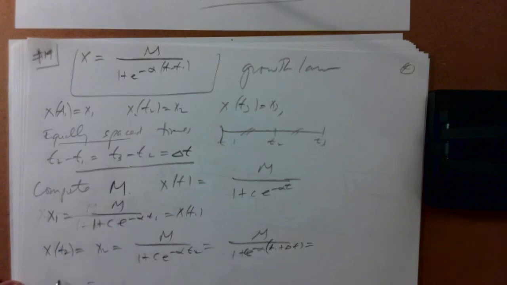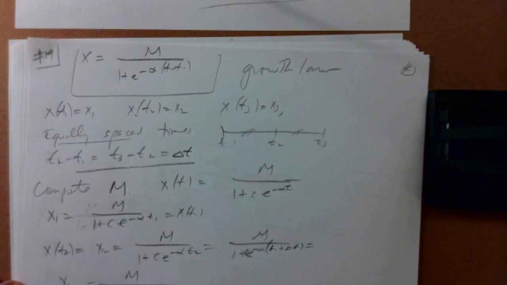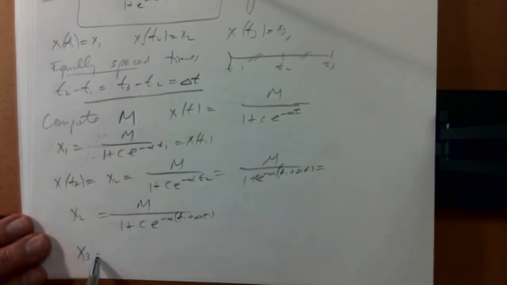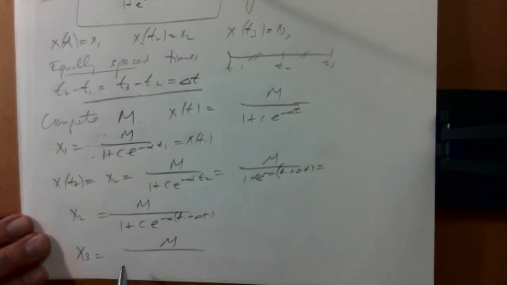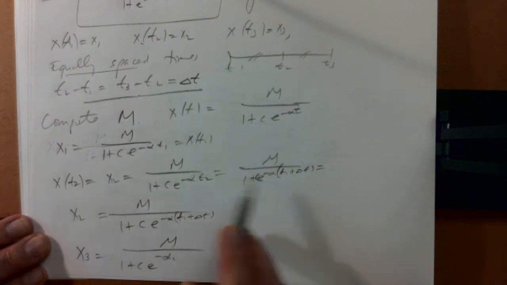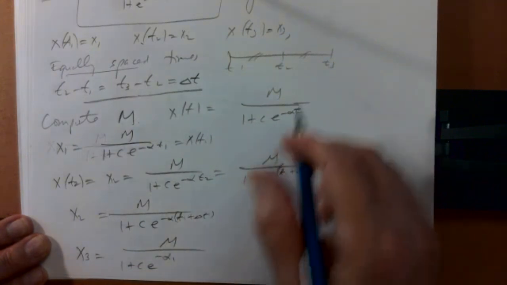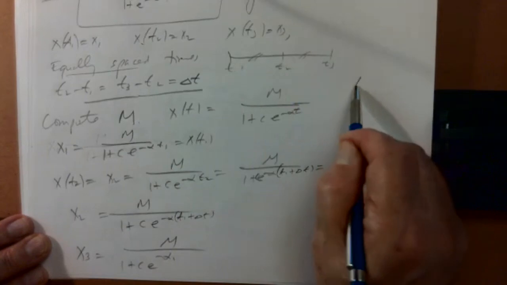Let me just write this bigger. M over 1 plus c e to the minus alpha times T1 plus delta T, and x3 is m over 1 plus c e to the minus alpha times T3, right?